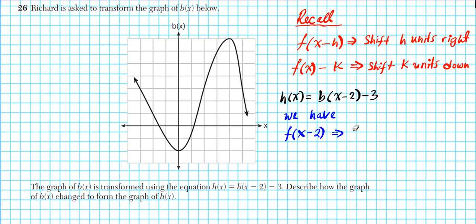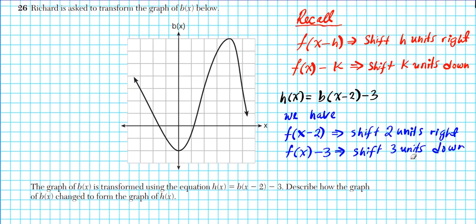X minus 2 means you're going to shift 2 units where? Whenever you have minus grouped with the x, you do the opposite, 2 units to the right. Okay? And then you have minus 3 there, which can be written as b of x minus 3. This is a vertical translation. In this case, you're going to shift 3 units down.